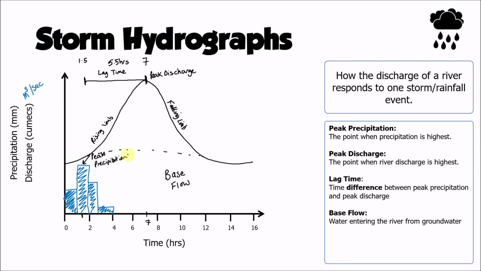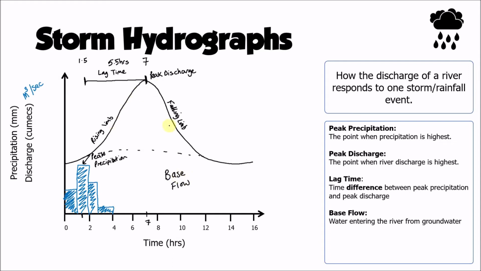It basically shows us what the river would have done had we not had that rainfall. Had this rainstorm not occurred, the chances are that discharge would have just trickled along at a fairly steady rate, because the water being fed in from the groundwater actually takes a long time to get into the river, and it feeds in very slowly.